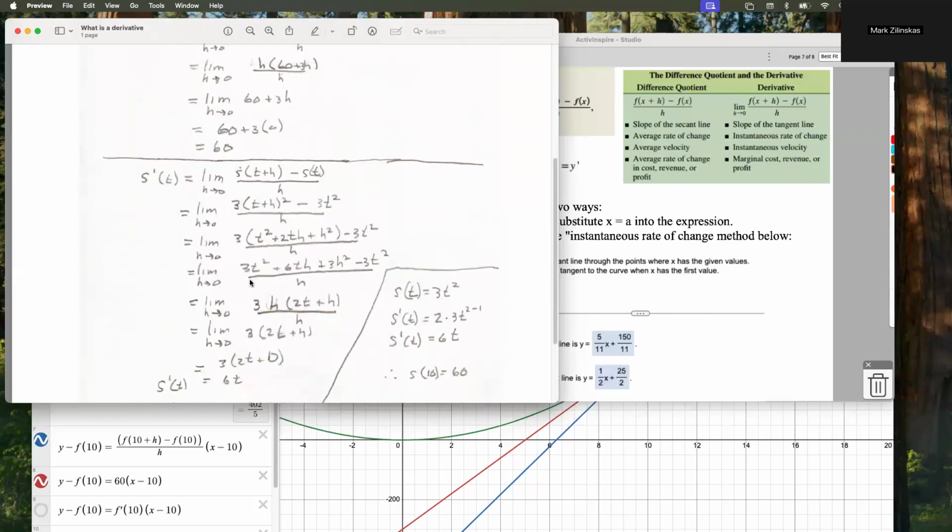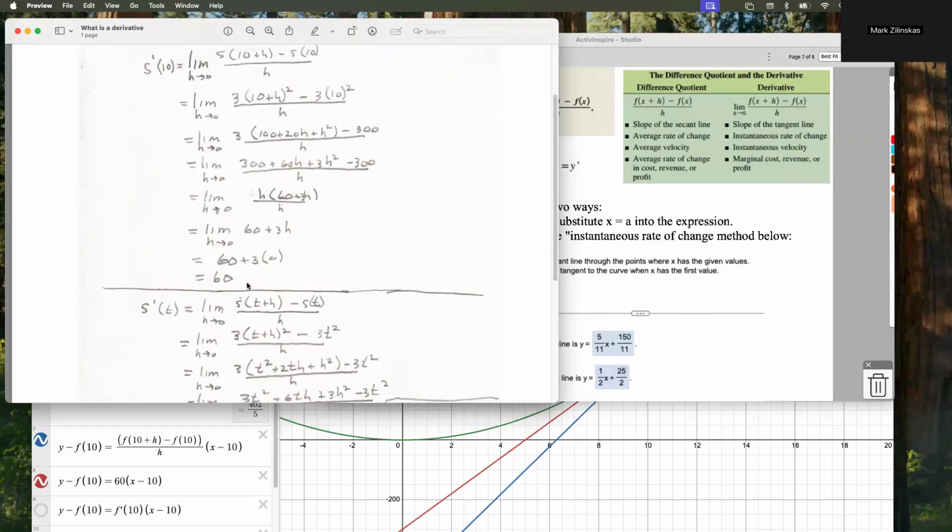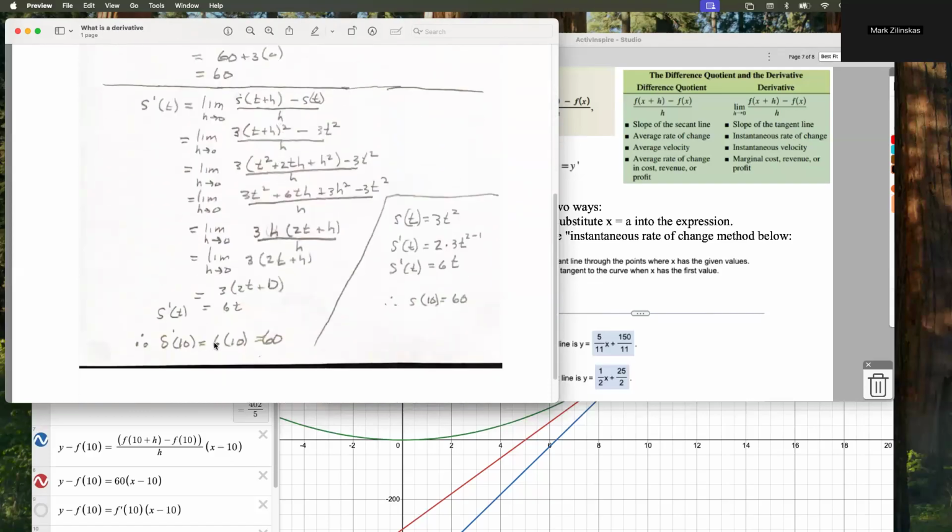So now I have a function. If I wanted to do this for, let's say, 8, the instantaneous rate of change at 8 seconds, whatever t represents, then I wouldn't want to go through this and just have an 8 here, because I'm really going to end up with a similar pattern. Essentially, if I want 8, I'm just going to take 6 times 8 and get 48.